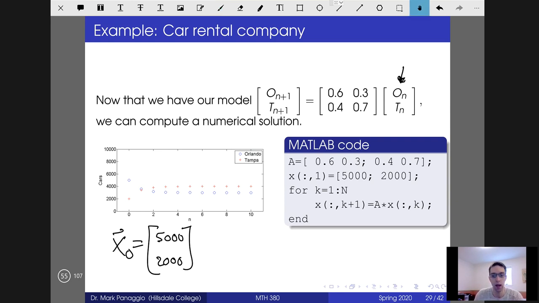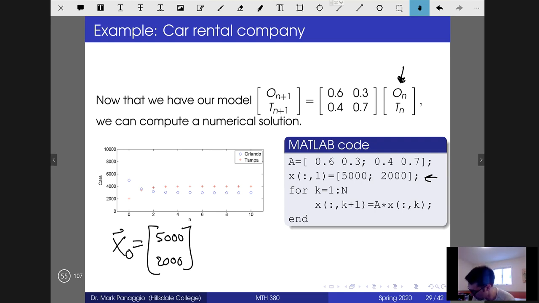And we can include that in our code by creating a column vector. So that's the second line here. This is creating a vector or a matrix X. The colon means all rows, and the 1 means first column. So the first column with all rows is going to be 5,000, semicolon, 2,000. Recall that semicolons end a line or end a row in a matrix.